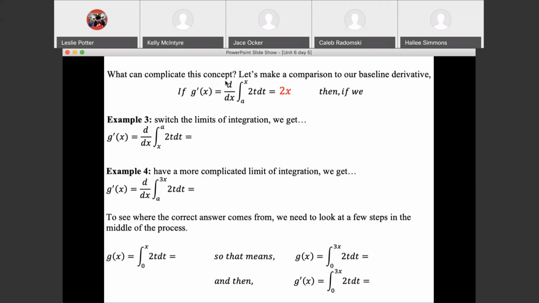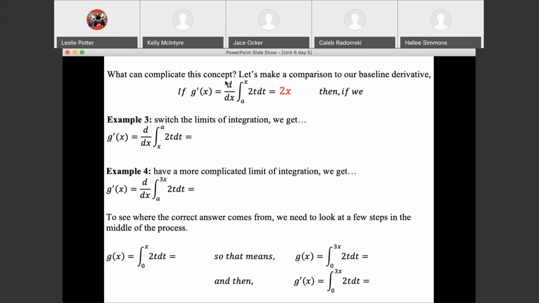We can do this and not worry about the actual accumulation aspect at all. That's the nice thing. And I gave you two examples of that in the notes.